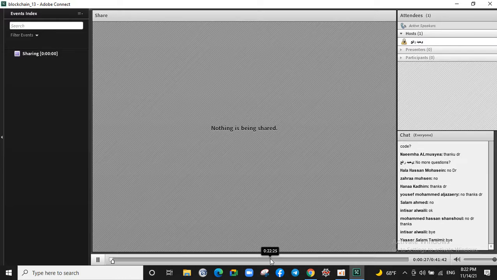However, in each transaction, there is common information like the sender's wallet address, sender's public key, recipient address, the amount of money which is to be transferred, the fee which is considered by the miners, and something like this.